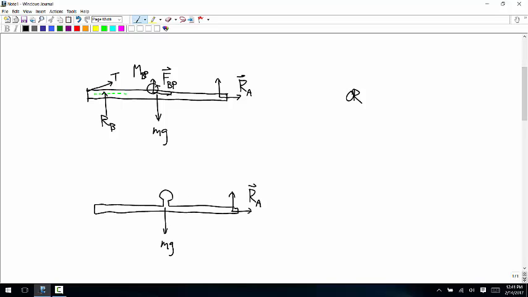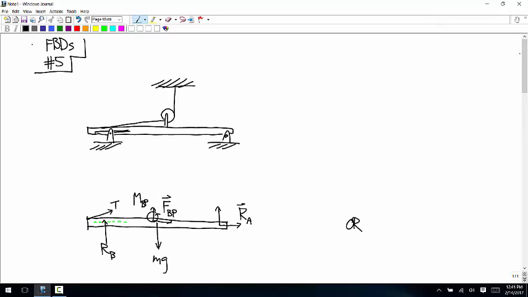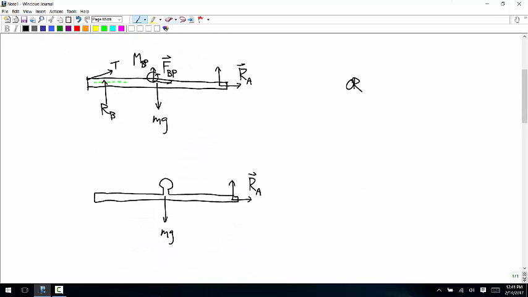Keep going around and you run into this pulley. And on the pulley, the outside world makes contact with the pulley in 2 places. Here and here, underneath. So both of those forces are going to appear.